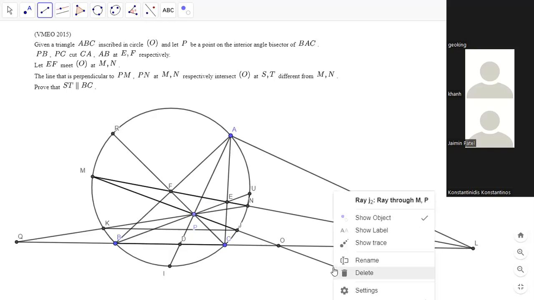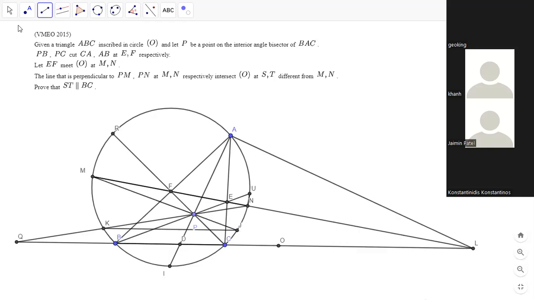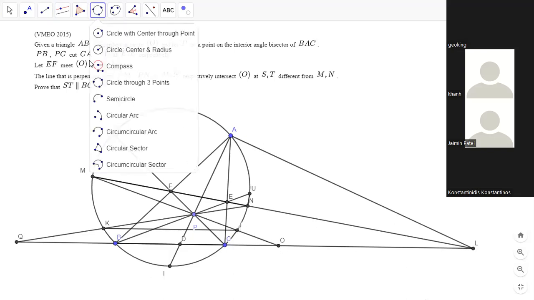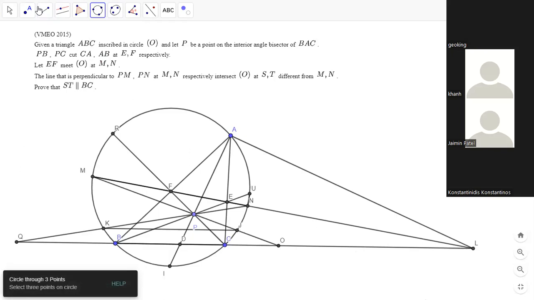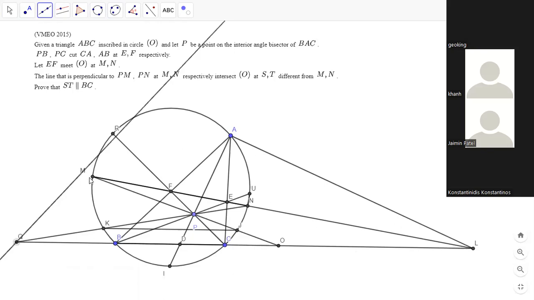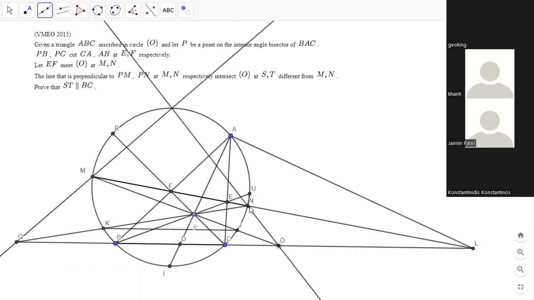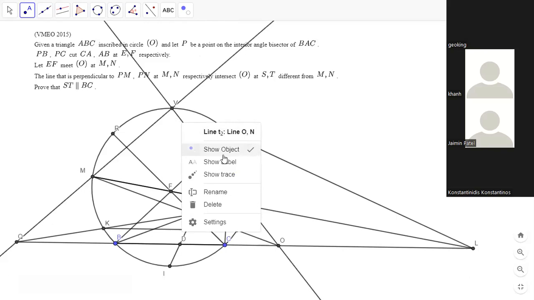Also, another thing that I just found is that QM and NO, those two lines, concur at the midpoint of the arc BAC. Yeah, that's really interesting. That would probably be really helpful if we showed that.